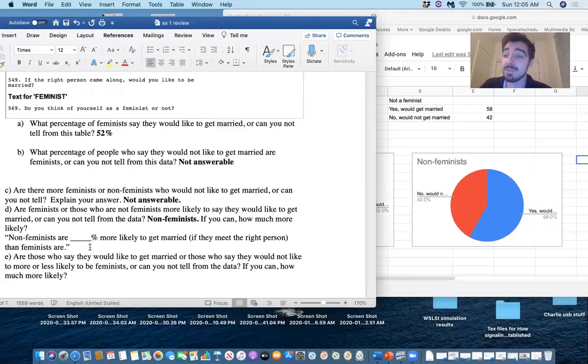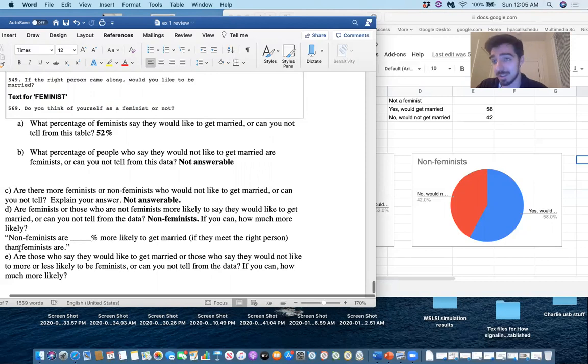The reason I wrote this whole sentence out first, though, right, is because we have two rules for percent change in terms of how we actually calculate that. We have the after the "than" rule, and we have the before the new and old rule, right? Here, though, we have the non-feminists are more likely to get married than feminists are, right?